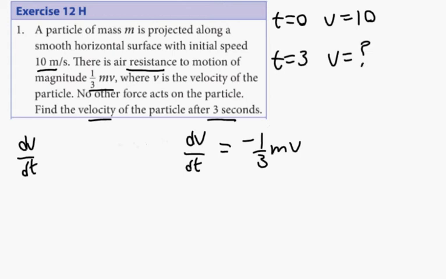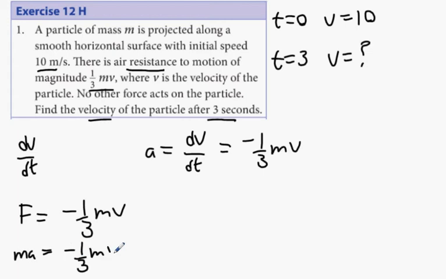Then you cross multiply, and one little trick there as well. A equals dv/dt, yeah? Force equals minus 1/3 mv. ma equals minus 1/3 mv.